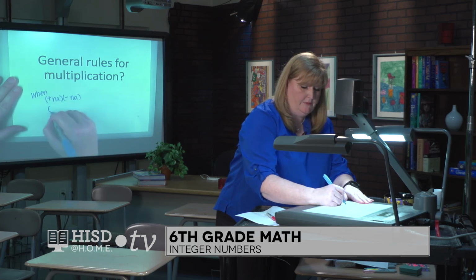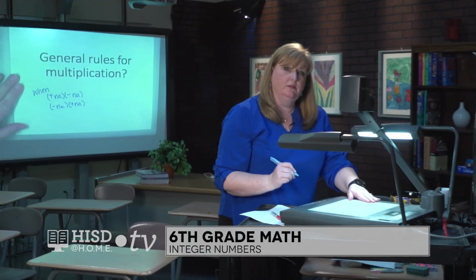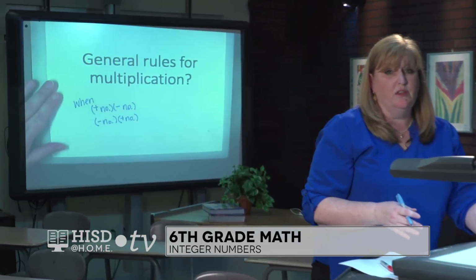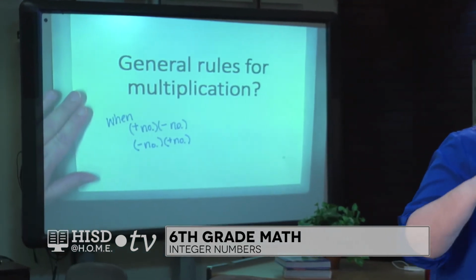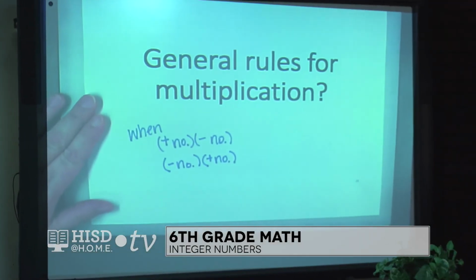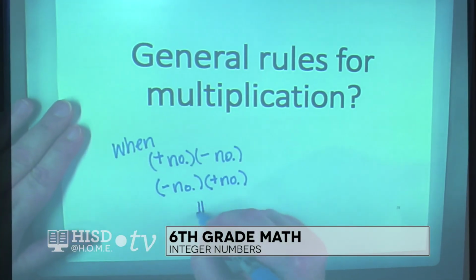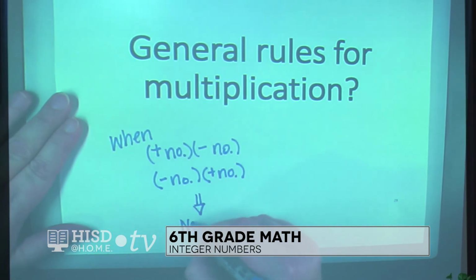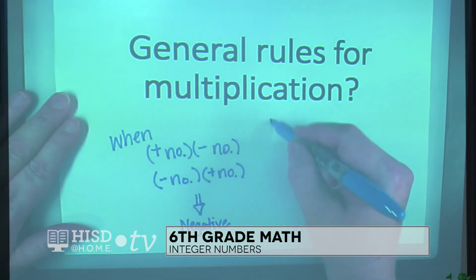Or what happens if I have a negative number times a positive number, just like in our last example. What did we end up with? Our final answer was all red circles. It gives me a negative answer. So when the signs are different, I get a negative answer.